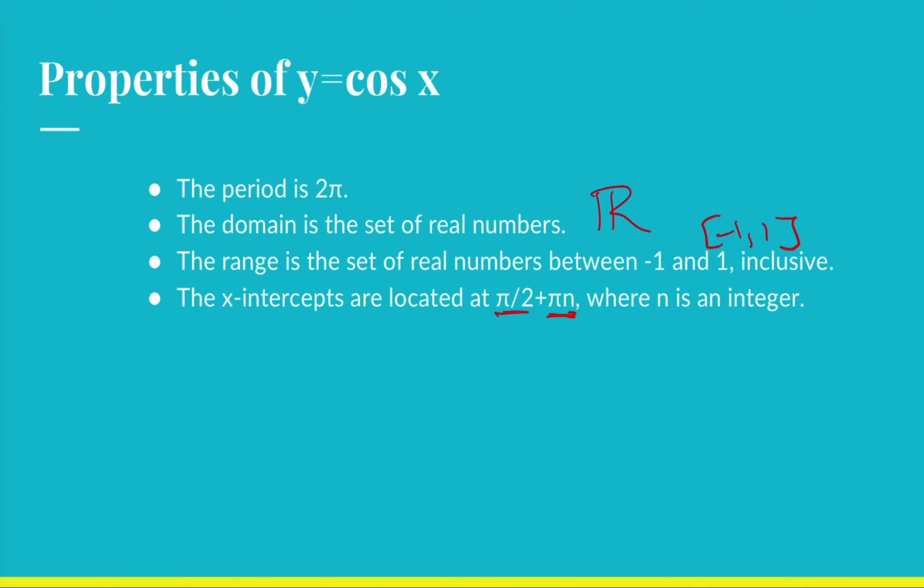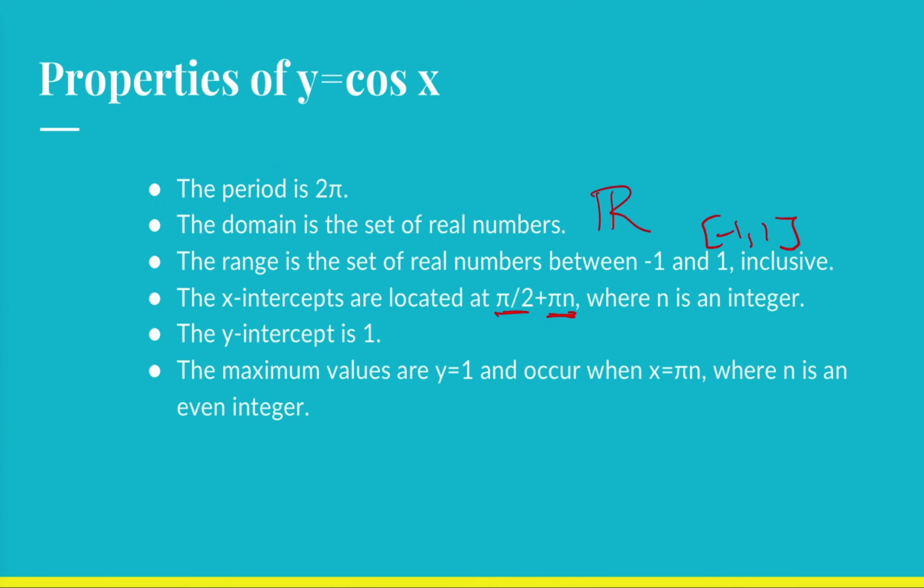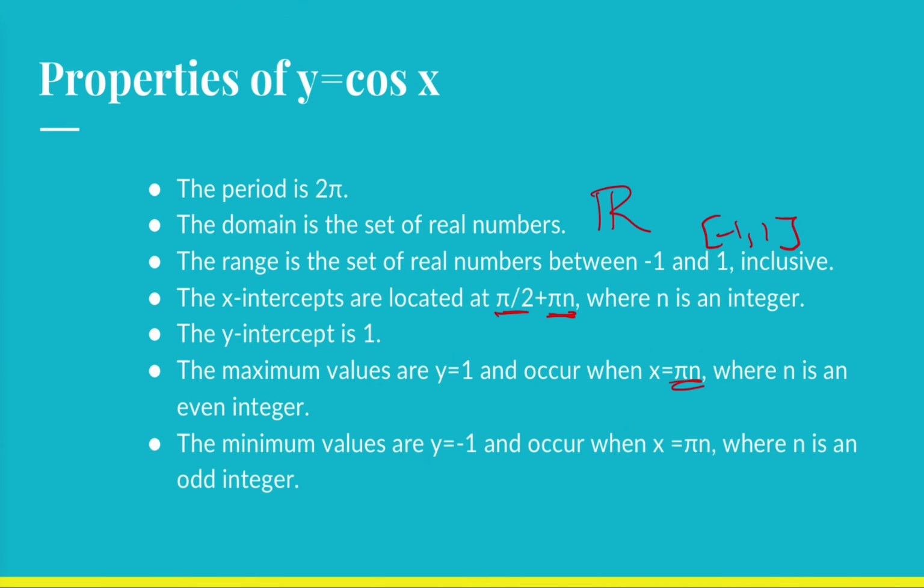So pi over 2, 3 pi over 2, 5 pi over 2, etc. Y-intercept is 1. Maximum values are y equals 1 and occur at the even multiples of pi. Minimum values are y equals -1 and occur at the odd multiples of pi.